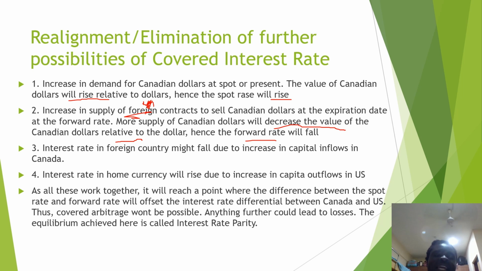And we should not forget that the interest rate in the foreign country might fall because of the increase in capital inflows in Canada. As more people change their money into Canadian dollars and put it in Canada, the supply of money in Canada increases, and the interest rate is going to fall. In the same way, as people change their money from US dollars to Canadian dollars and move money outside the country, there will be a shortage of money in the US.